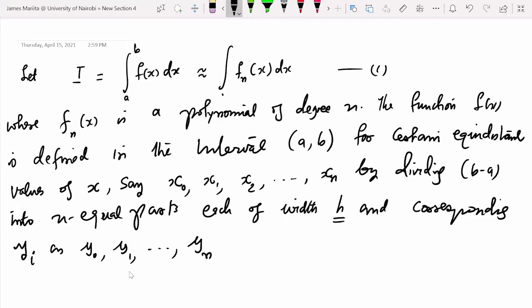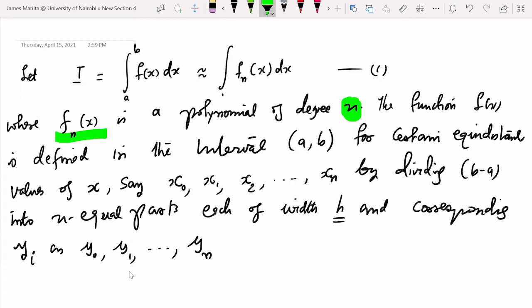So this is the integral that we have. We are supposed to approximate the integral from a to b of that function f(x) with respect to x. We approximate it by the integral in equation 1, and we define this fn(x) as a polynomial of degree n.